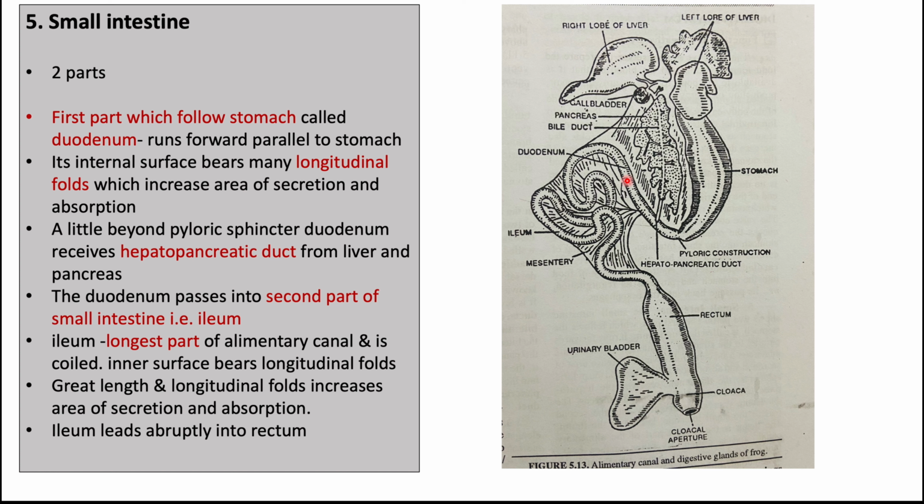So till now we have seen that there is digestion going on in the stomach and intestine. For digestion we need a large surface area, and these folds provide a large surface area for secretion and absorption. A little beyond the pyloric sphincter, the duodenum receives the hepatopancreatic duct from the liver and pancreas.